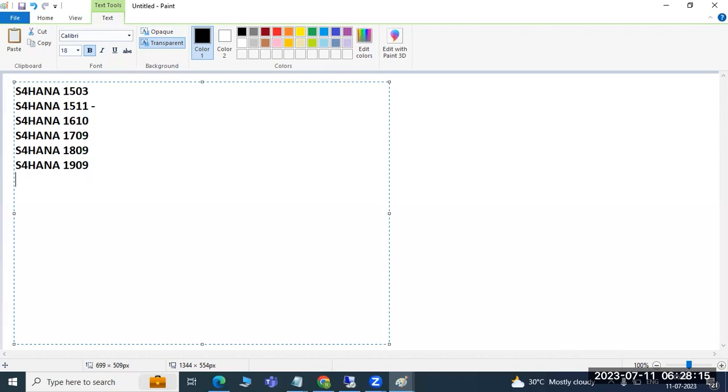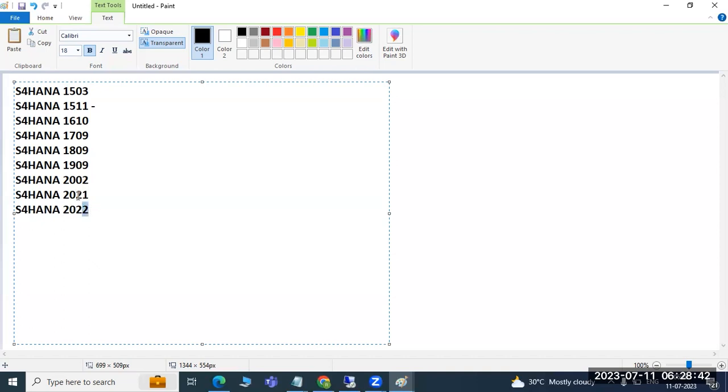Then S4 HANA 2002, then 2021, then S4 HANA 2022. Yes, these are the versions as of now.